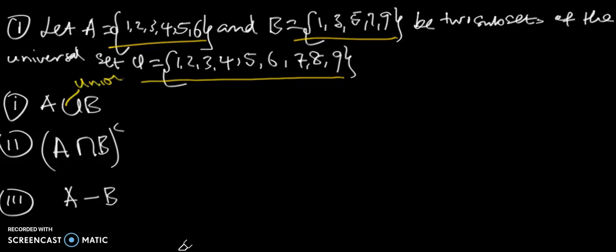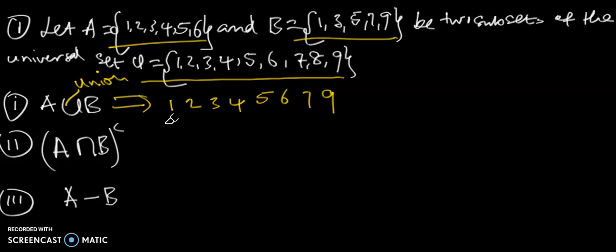We list all the elements that are in A or in B. If you watch, we simply have 1, 2, 3, 4, 5, 6, 7, and 9.